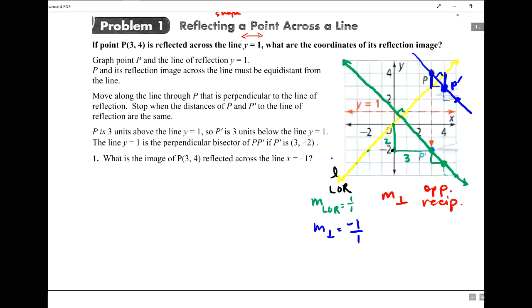So from here, I need to go up 2 over 3. We can count middles here as well, 1, 2 and a half. There's my half, 1, 2, 2 and a half. This is going to be point P double prime.